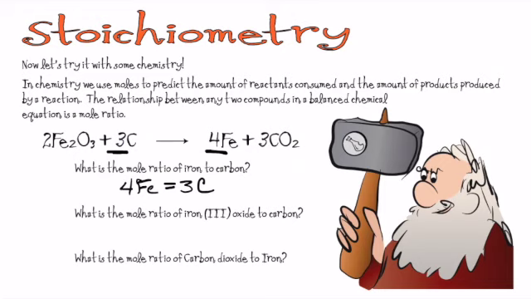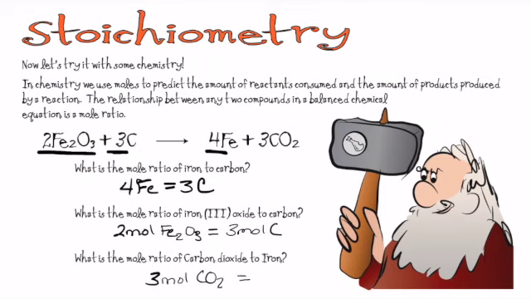If we're looking for the mole ratio of iron(III) oxide to carbon, for every 2 moles of iron(III) oxide, we're going to need 3 moles of carbon. And the last one, carbon dioxide to iron: we have 3 moles of carbon dioxide for every 4 moles of iron.